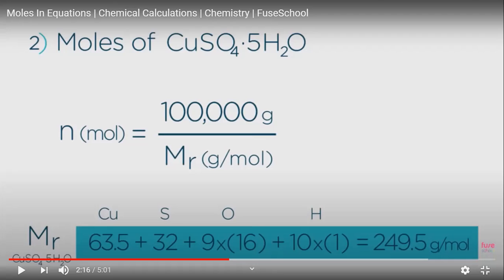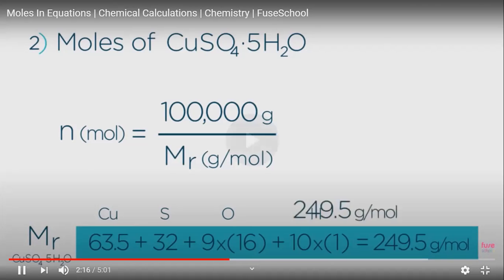So Cu equals 63.5, plus S equals 32, plus 9 times 16, plus 10 times 1, equals finally 249.5 grams per mole. Okay, do you understand this molecular mass?